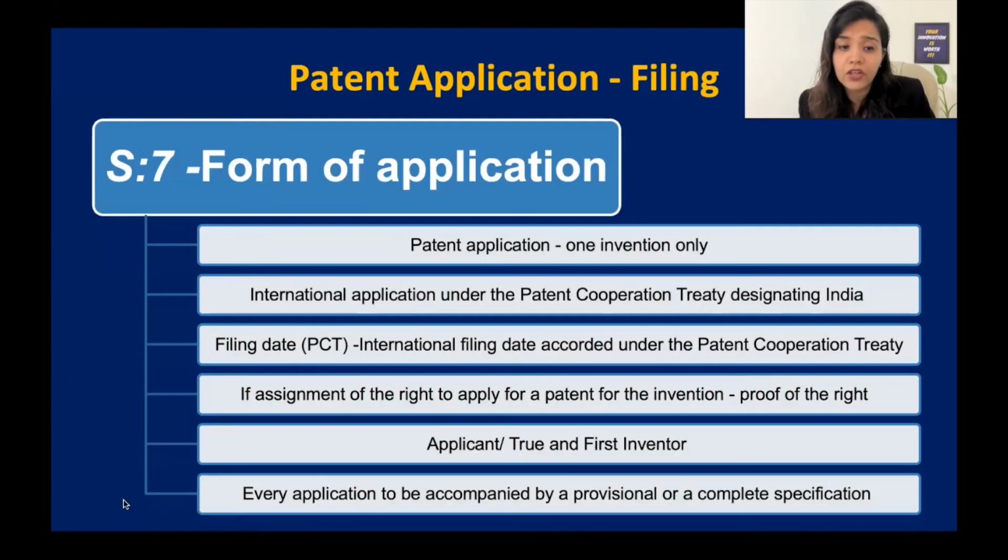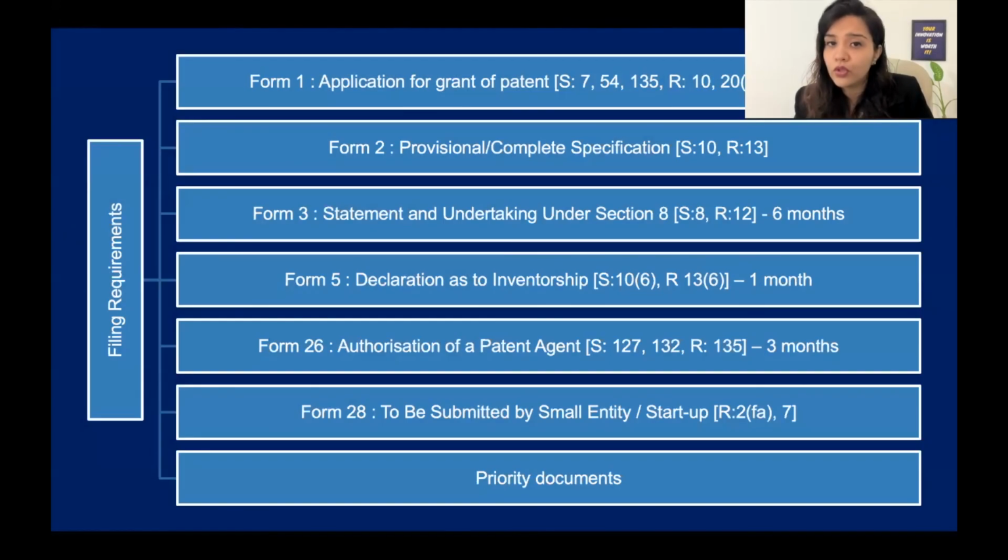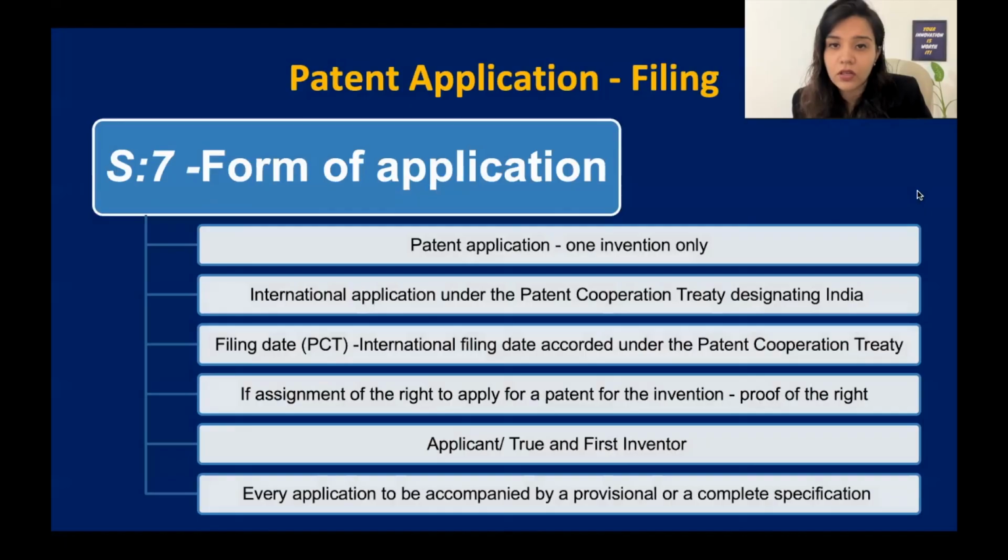Then the applicant and the true and first inventor have to be mentioned in the patent application, and every application needs to be accompanied by a provisional or complete specification. The specification is given with Form 2, and the operating sections are Section 10 and Rule 13, which we'll study in the next lecture.